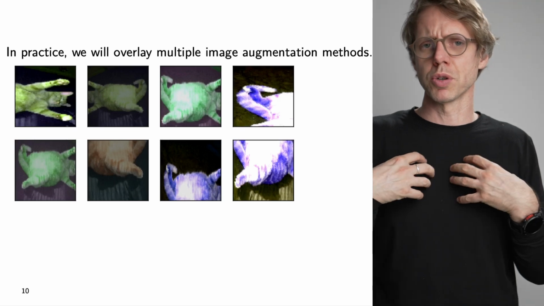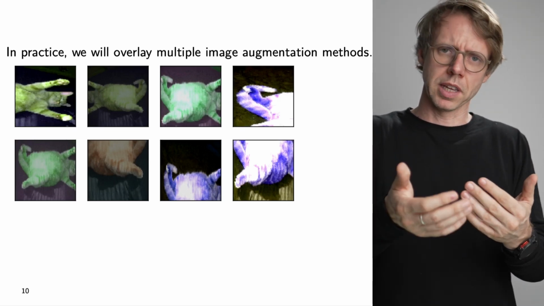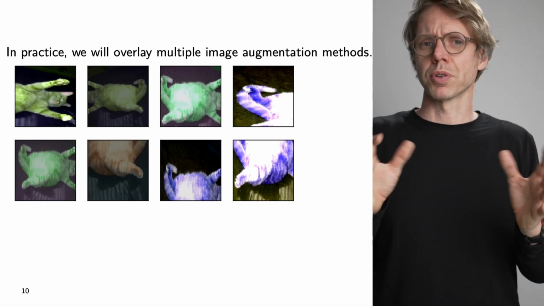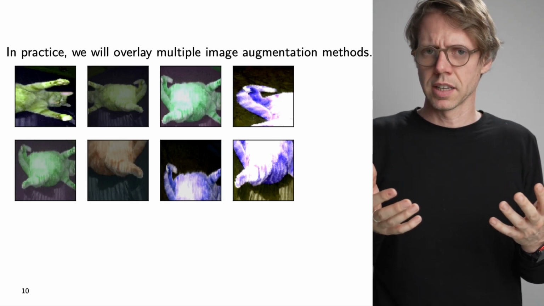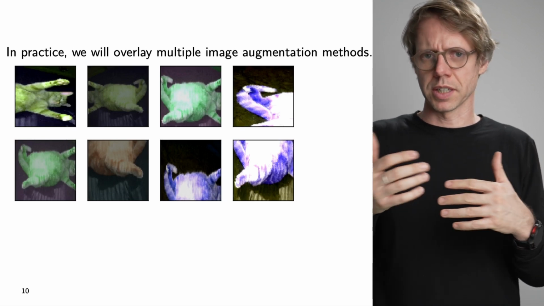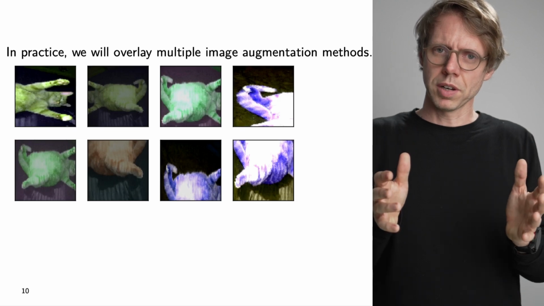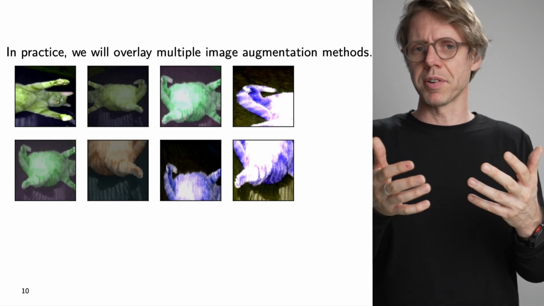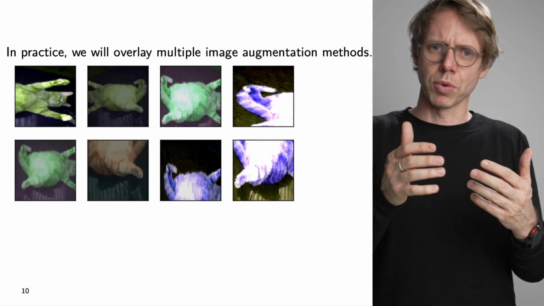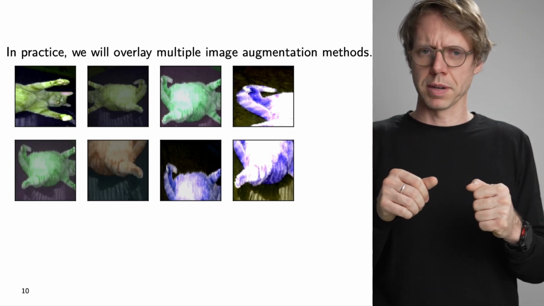Most of them for us humans would be very easy still to classify as a cat. And similarly, the neural network will learn to classify these images as a cat, but it will learn to be robust to these random augmentations. So the model will start to become invariant to these small modifications that we apply randomly to the image.